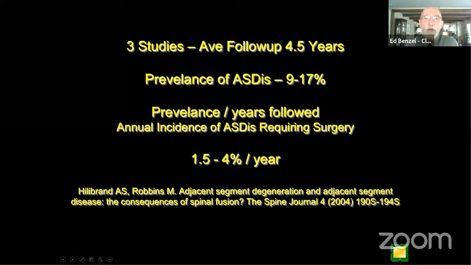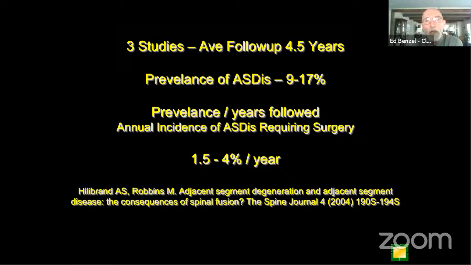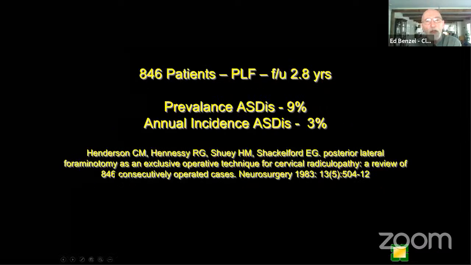Let's just say 3% for the purpose of this conversation after a fusion. Interestingly, a huge study with 846 laminoforaminotomies, by authors from Minnesota in 1983, demonstrated an adjacent disease rate of about 3% per year, adjacent to a laminoforaminotomy, a motion-sparing operation.